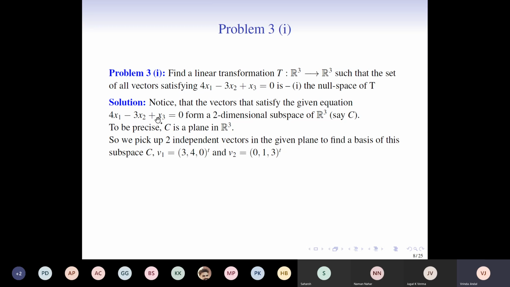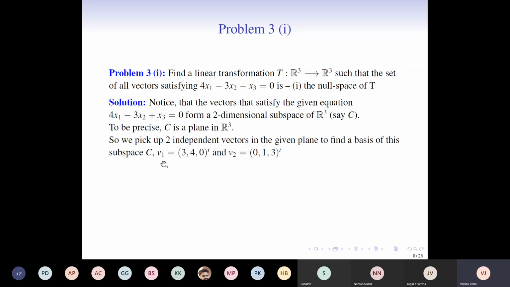In order to get neat looking integer values, we just put x2 as 4 and x1 as 3 to get v1. Another vector that we get is by putting x1 equal to 0. If we put x1 equal to 0, one choice of x2 and x3 would be 1, 3, again in order to have integer numbers.